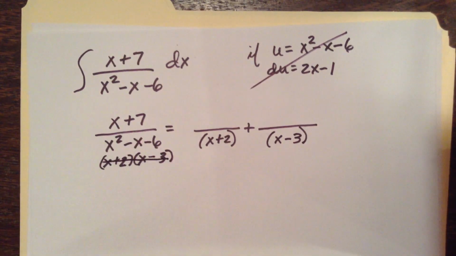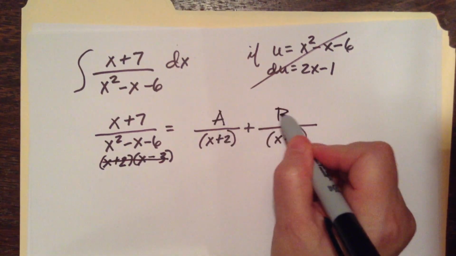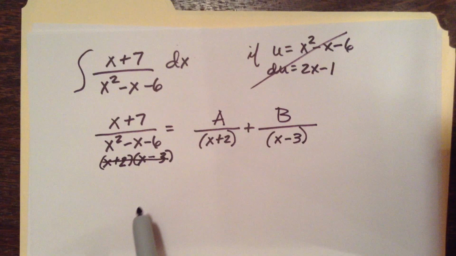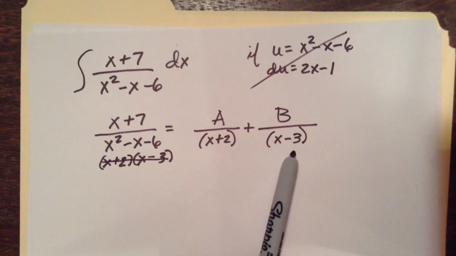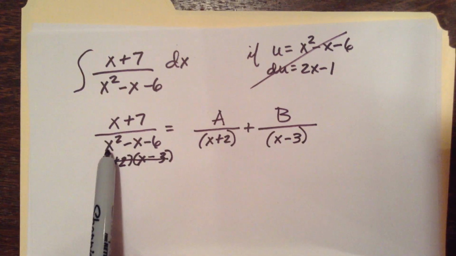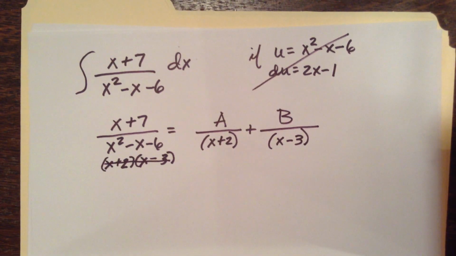So I'm just going to cross that out for now. And I don't know what goes in the numerator here. That's my goal, is to figure out what are the two fractions that add together to give me this resultant fraction. So this is now an Algebra 1 problem, really.